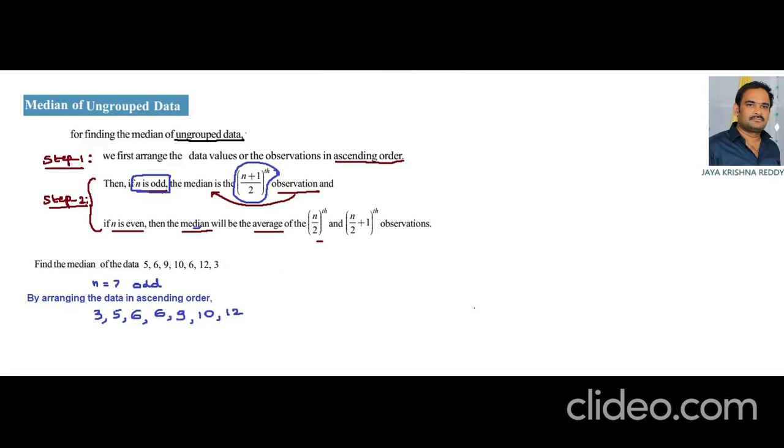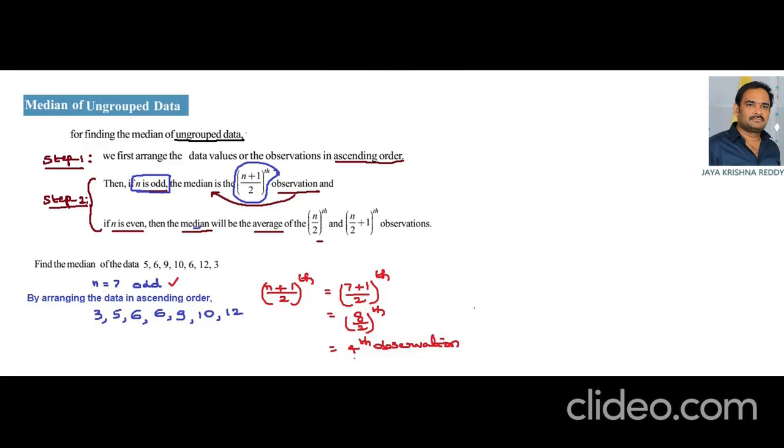Here n is 7, so (7 plus 1) by 2 is 8 by 2, which is 4. That means the 4th observation of the given data is the median.